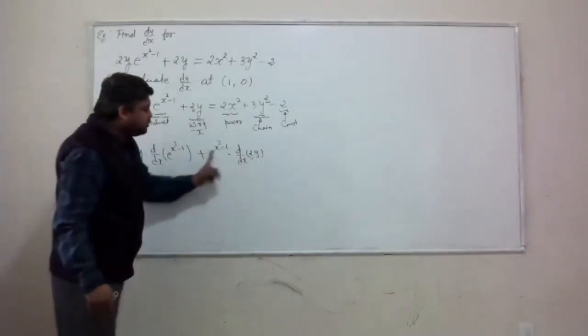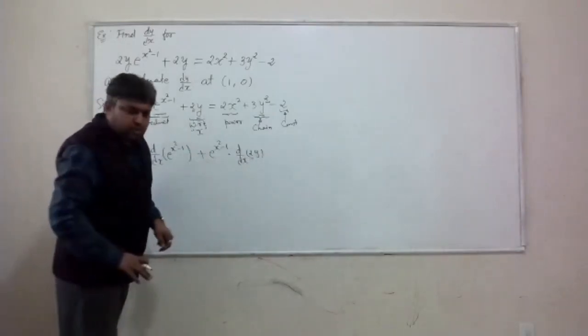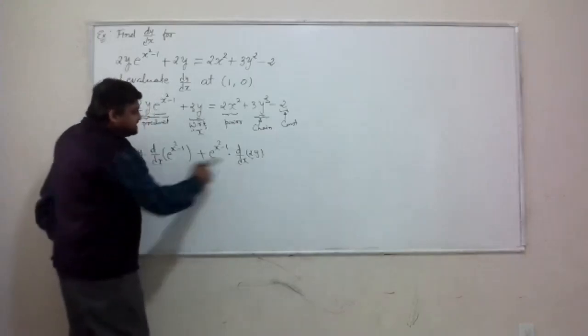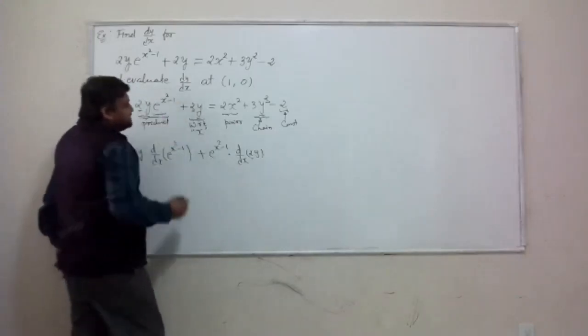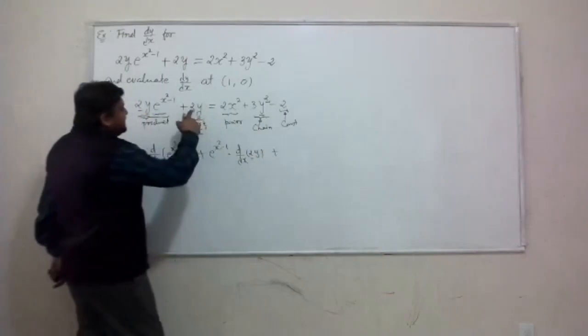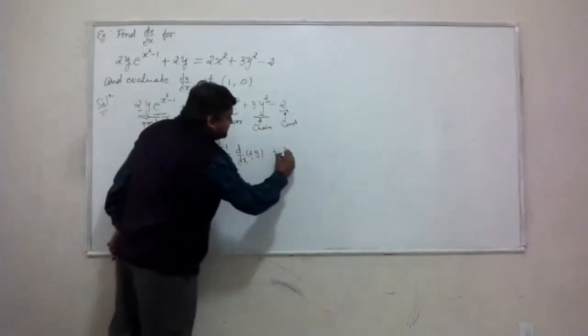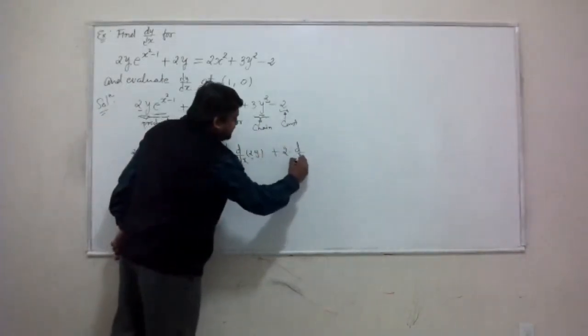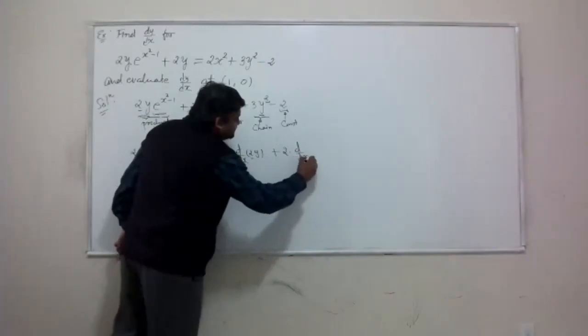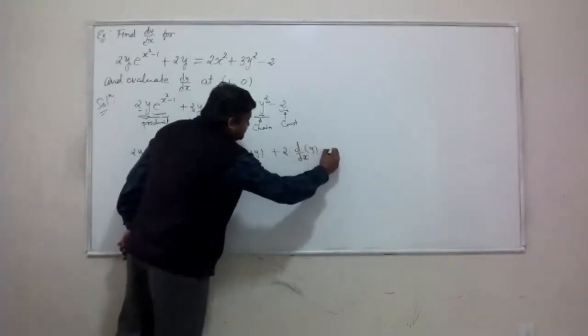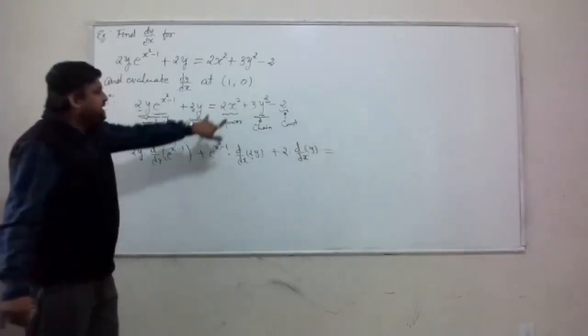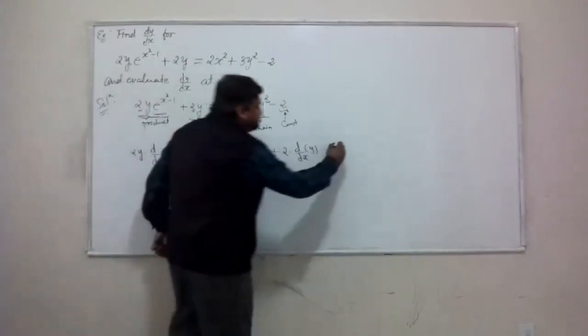So if you want to keep 2 outside, that's fine too. All right. This is the setup of the product rule for the first term. What is the derivative of 2y with respect to x? You would say 2 times d by dx of y. All right. On the other side, derivative of 2x square is 4x.